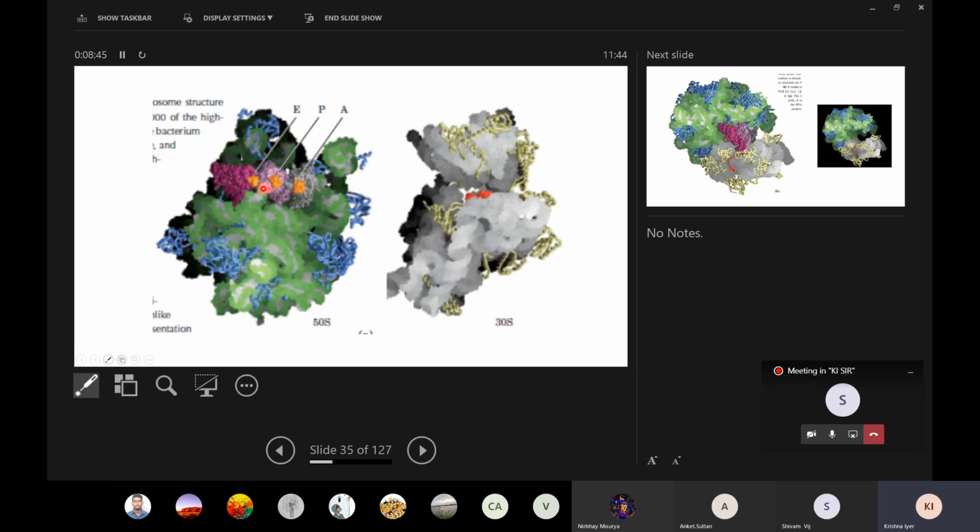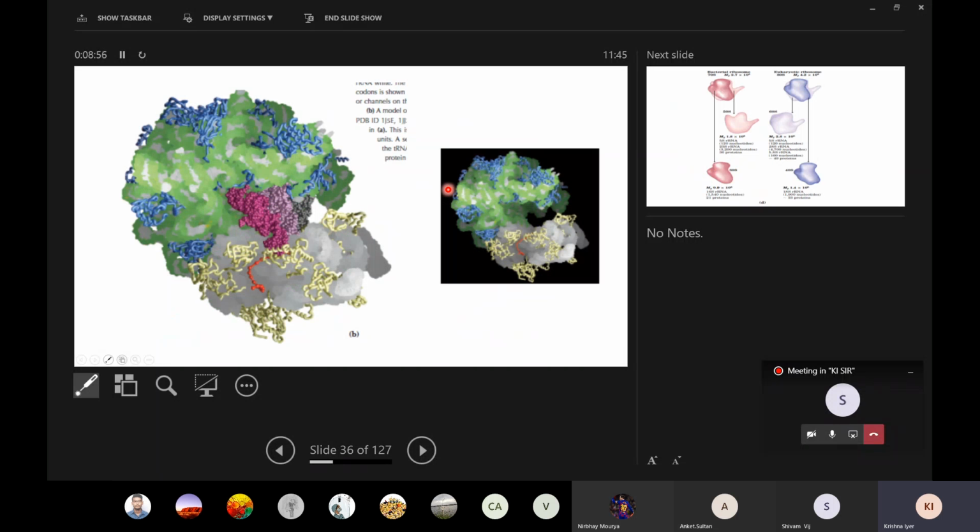This is where the A site and P site are located. When these two come together, you get the functional 70S unit. And this is the cleft where the RNA goes in. The mRNA slides in there, the codon is read, and everything functions appropriately during translation.